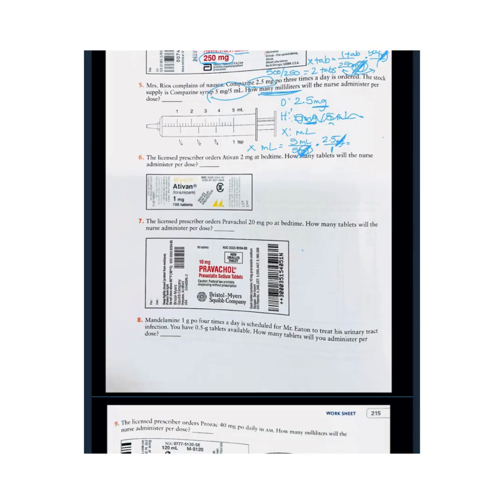Could just cross these out right now if I wanted to. 5 times 2.5 equals 12.5 divided by 5. 5 times 1 is 5. And I'm left with 2.5 mLs. And then it's showing me the syringe here, so I need to show how much solution I'm going to draw back that syringe for. So 2.5 there.